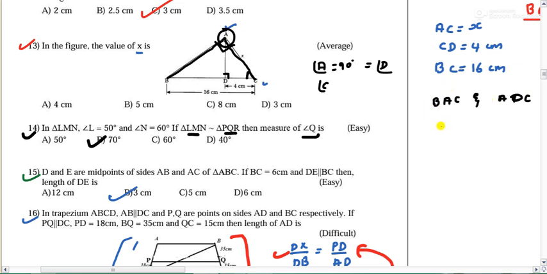How can you say they are similar? First, you need to prove they are similar. So angle BAC in triangle ABC is equal to angle ADC. What is the reason? Both of them are equal to 90 degrees, correct?